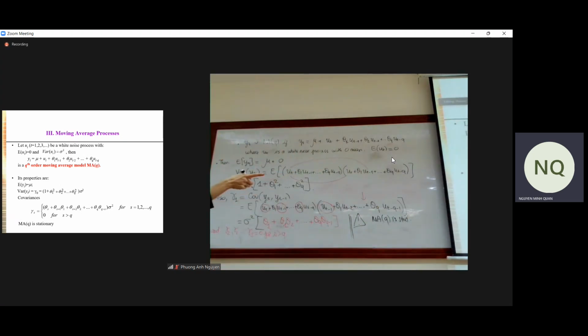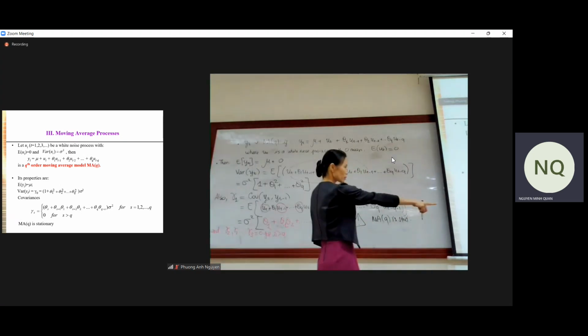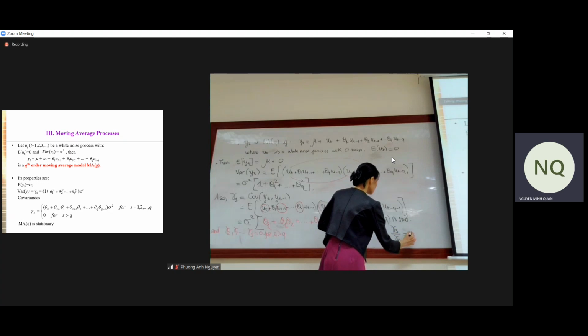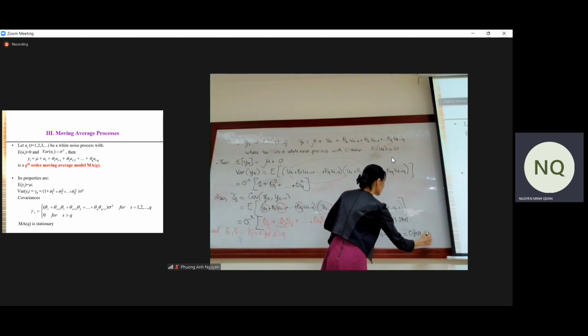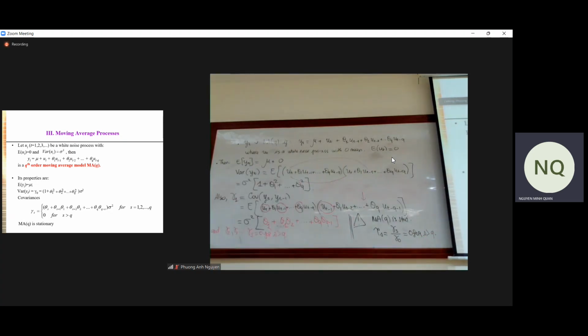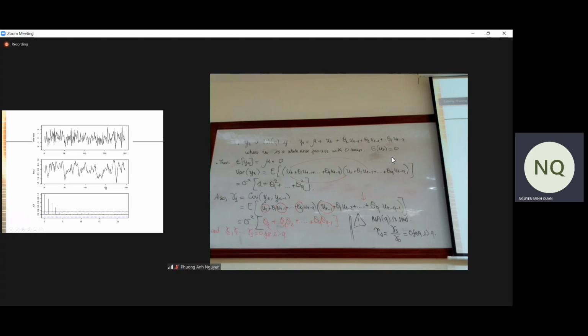Anything else? Gamma s equals 0 for s greater than q, so rho s, defined as gamma s divided by gamma 0, equals 0 for s greater than q, which is one of the important features of the MA process, allowing you to recognize the MA process sometimes.